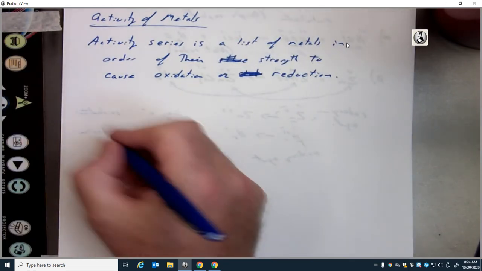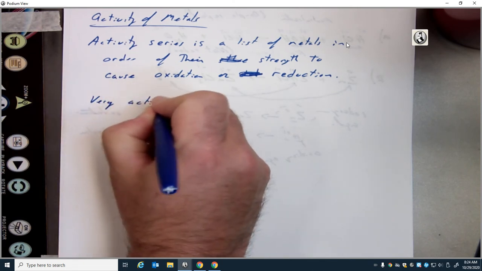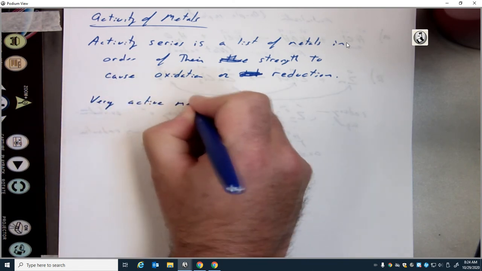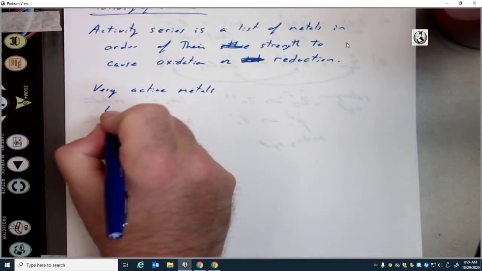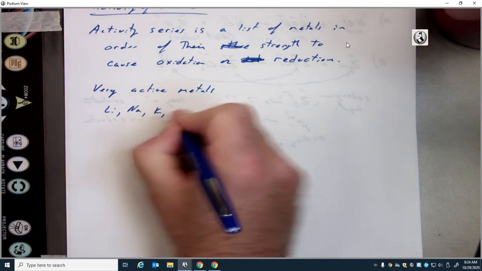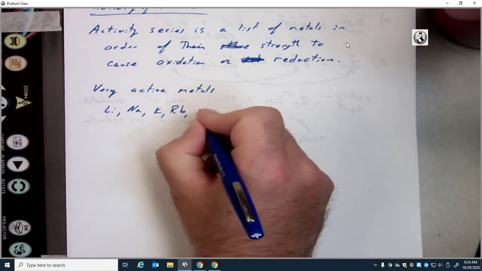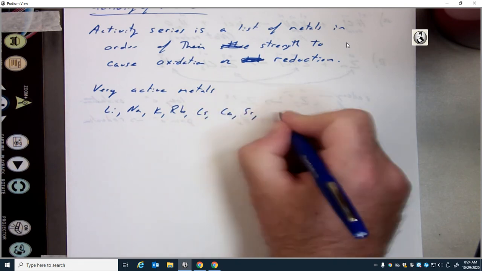So we have some very active metals. So lithium, sodium, potassium, rubidium, cesium, calcium, strontium, and barium.